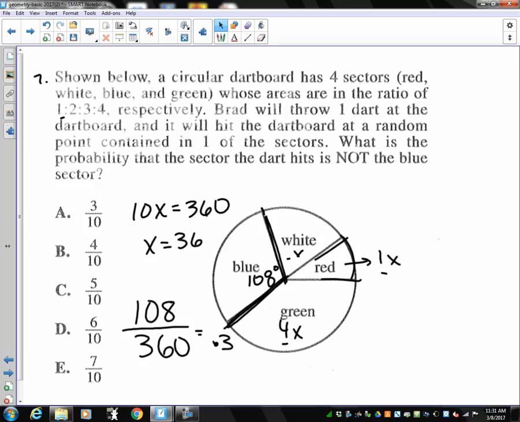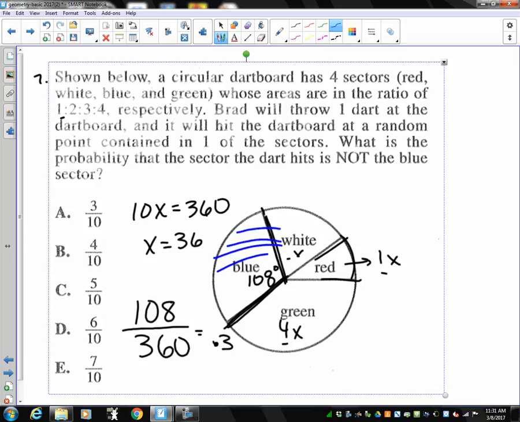That would be the probability that I did hit the blue. So the probability that I didn't hit the blue would be that I would hit anything else. So we have 0.3 for the blue, then everything else would be 0.7, because the 1 is our total probability. So 0.7 here is the same thing as 7/10.